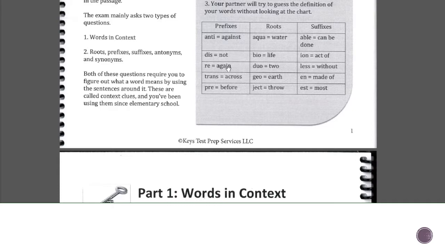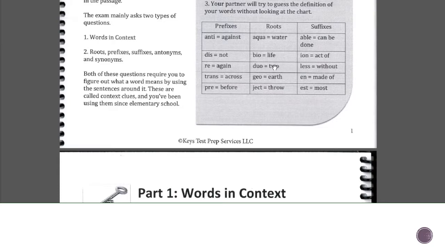So we could say reject, rejection. That would mean it is the act of throwing something away again. You're being rejected, rejection. We could say disduoless.